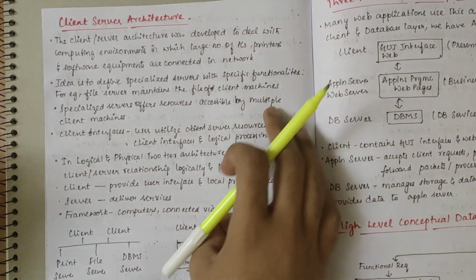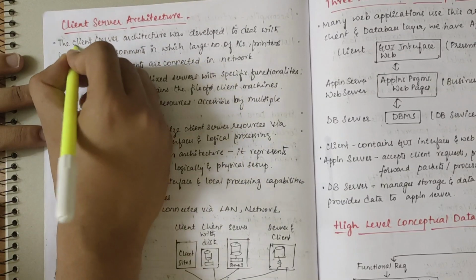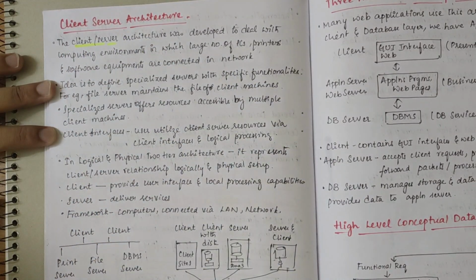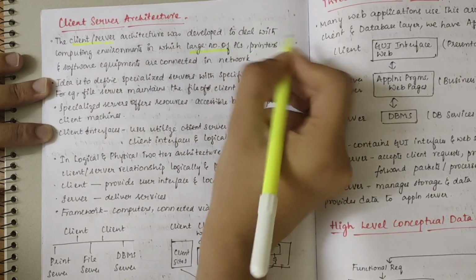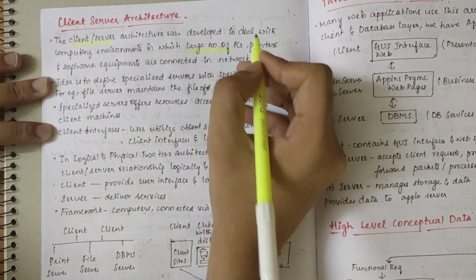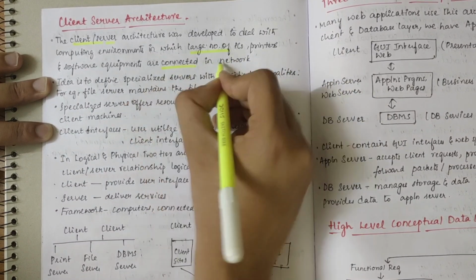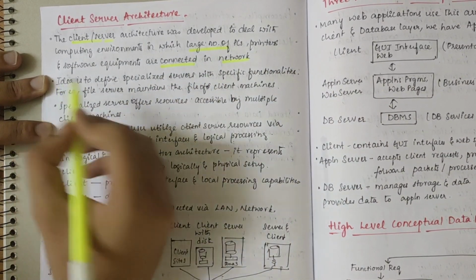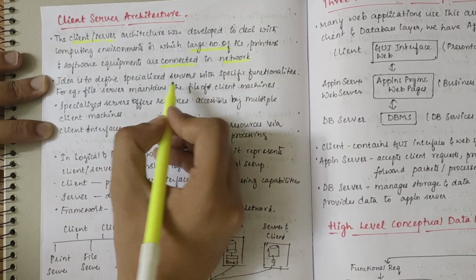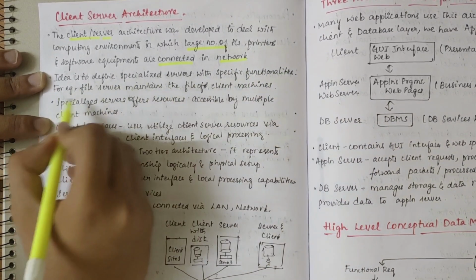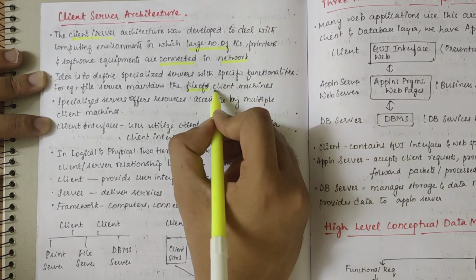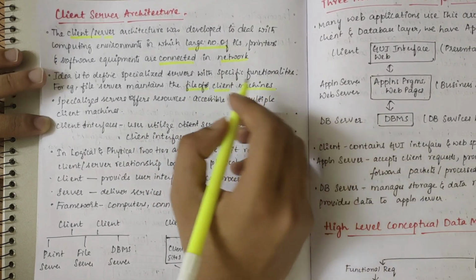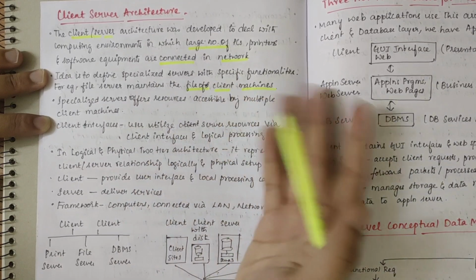By the definition, we can understand that there will be a client and server. It was developed to deal with computation environments in which a large number of PCs, printers and other equipment are connected in a network. The idea is to define specialized servers with specific functionalities. For example, a file server maintains the files of client machines.